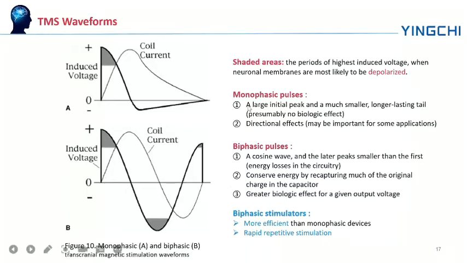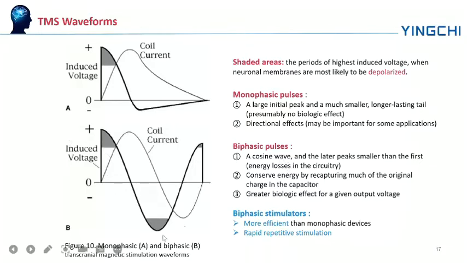As for the monophasic pulse, it has a large initial peak and a much smaller, longer-lasting tail, presumably with no biological effect compared to the biphasic pulse. So nowadays, lots of TMS stimulators apply the biphasic pulse.